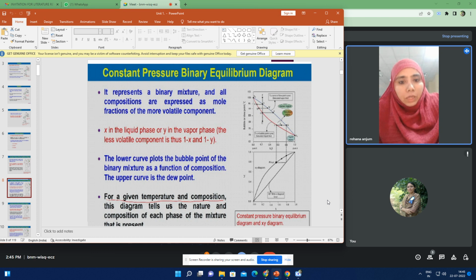So from the diagram, you can tell the nature and composition of each phase present.